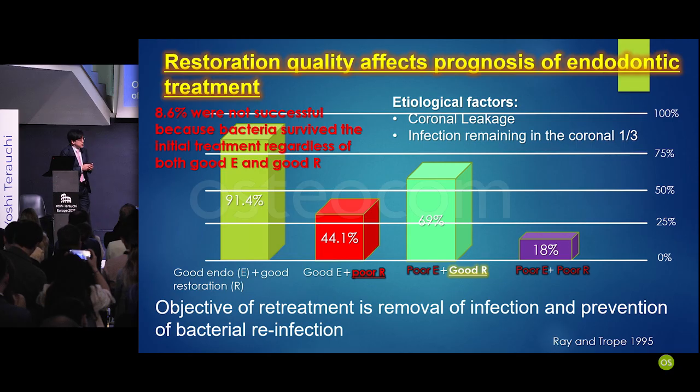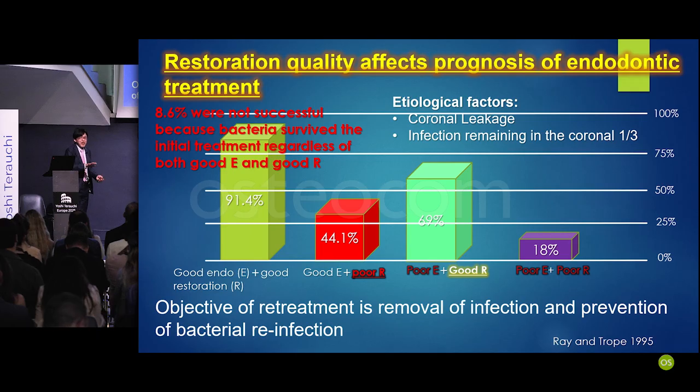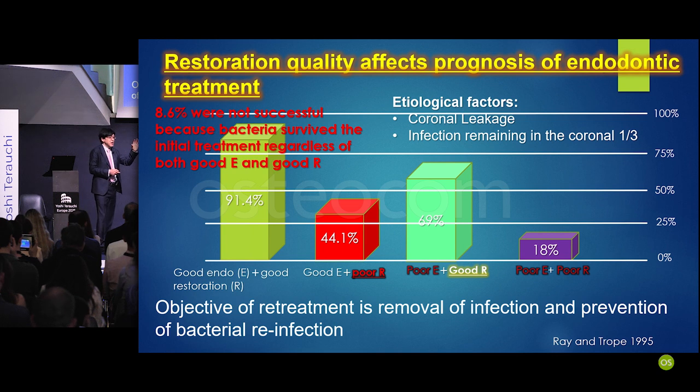If you do a good endo treatment, but you place a poor restoration, your success in endodontic treatment will be 44%, very low, below 50%. However, even if you do poor endo treatment, but place a good coronal restoration, your success rate will be almost 70%. So our endo success depends mainly on the coronal restorations.